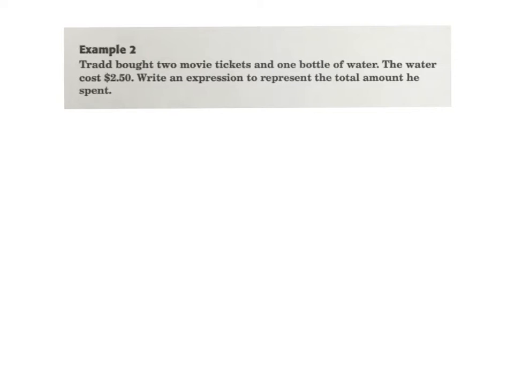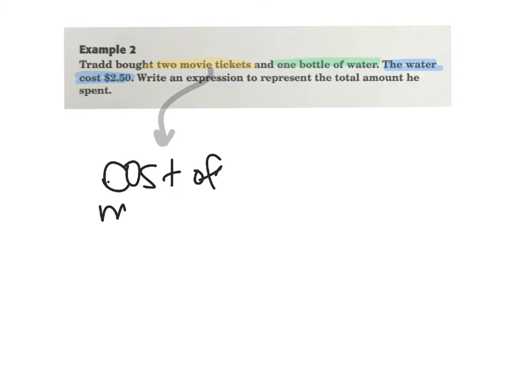If we take a look at our next example, it says Trad bought 2 movie tickets and 1 bottle of water. The water cost $2.50. Write an expression to represent the total amount he spent. So once again, I'm going to highlight important things. I know he bought 2 movie tickets. I know that he bought 1 bottle of water. I know the water costs $2.50. I do not know the cost of the movie ticket.